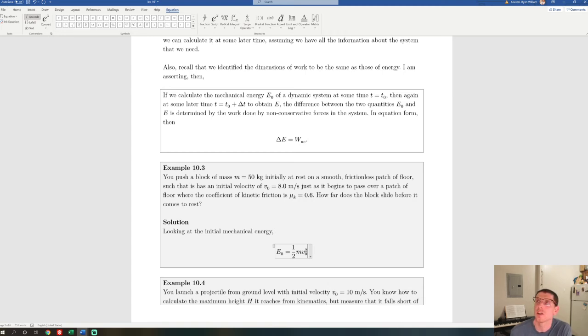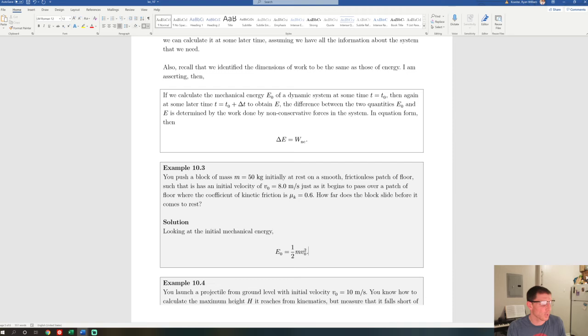And there's no mathematical reason we can't just get rid of that and still have the mathematical truth of our equations preserved. So if you don't believe me, just try it and you'll see that it can just go away, and it doesn't matter that it was there in the first place. Okay, so anyway, this is what we have for the initial mechanical energy. It's all kinetic, and it's just 1/2 m v naught squared.